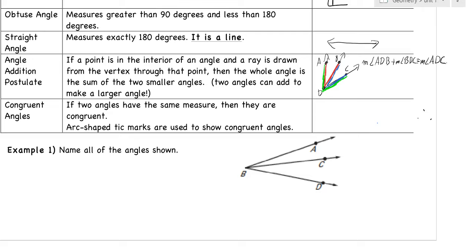It's just as important as the segment addition postulate was. We have to know whether we're working with angles or segments. There is nothing that is more irritating than when you're working with segments and you use the angle addition postulate. You can't use the angle addition postulate with segments. You can't use the segment addition postulate with angles.